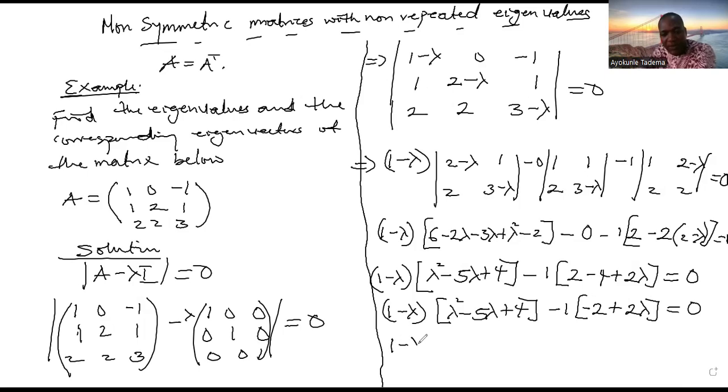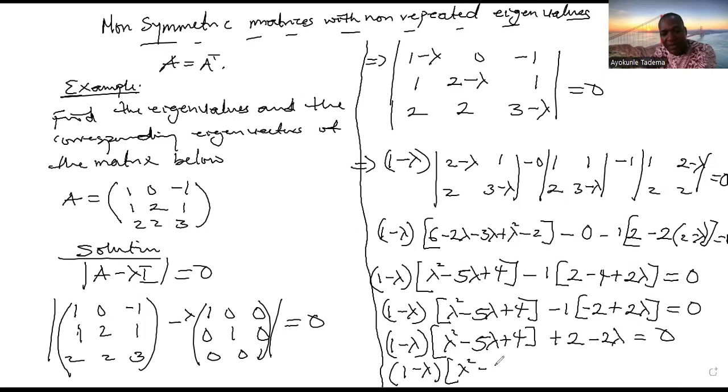And we have 1 minus lambda, lambda squared minus 5 lambda plus 6, plus 2 minus 2 lambda equals 0. Here 2 is common, so we have 1 minus lambda equals 0.